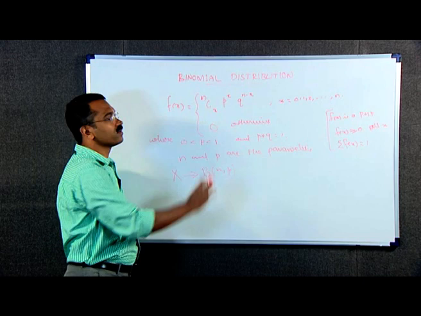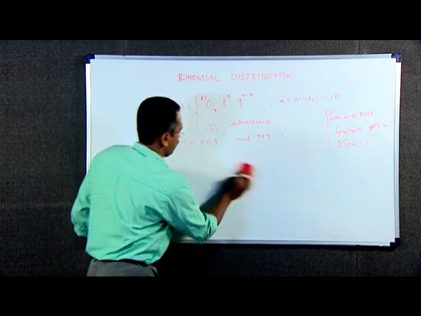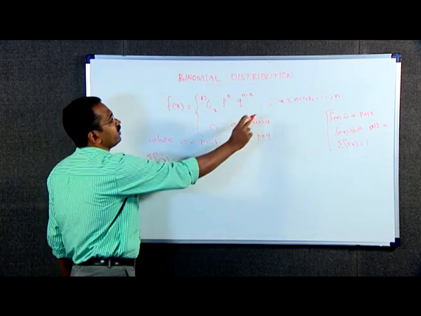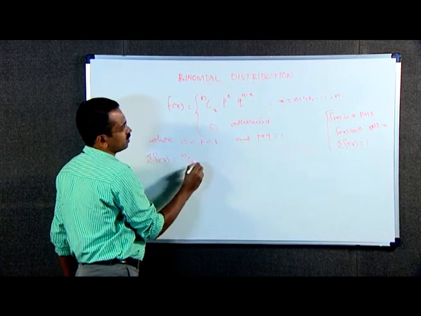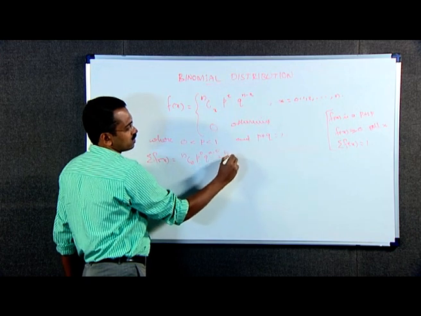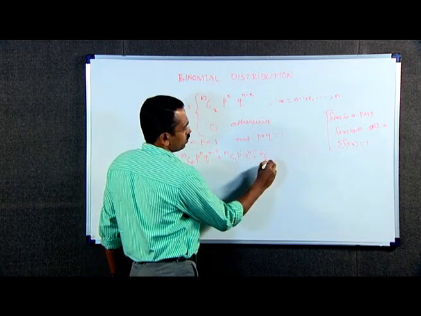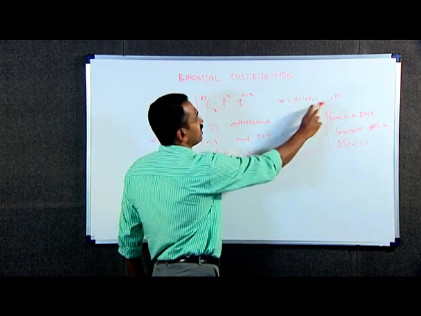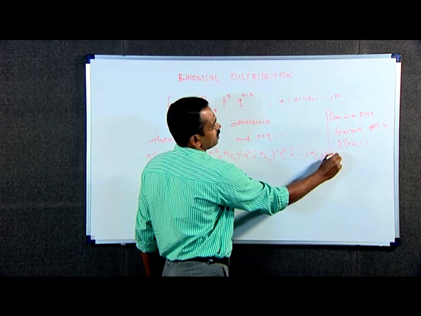Now, the total PMF, that is summation f of x, if we substitute values of x in this, we get nC0 p raised to 0 q raised to n minus 0, plus for x equal to 1 this is nC1 p raised to 1 q raised to n minus 1, plus nC2 p square q raised to n minus 2, plus etc., plus for x equal to n this is nCn p raised to n q raised to n minus n.